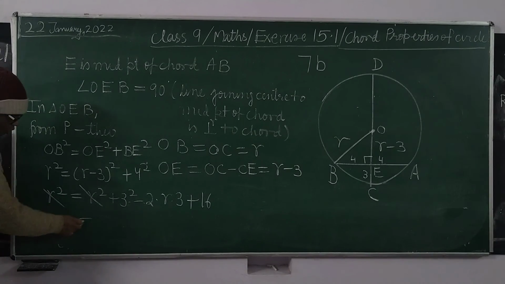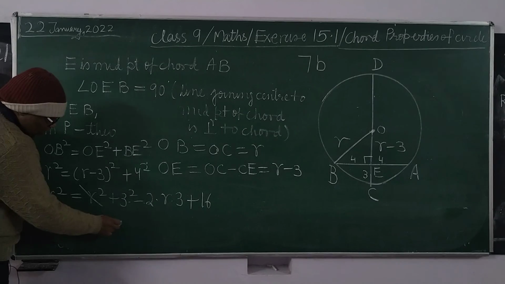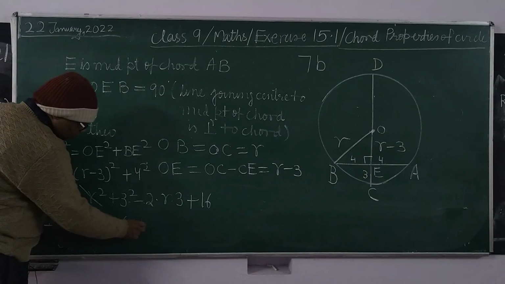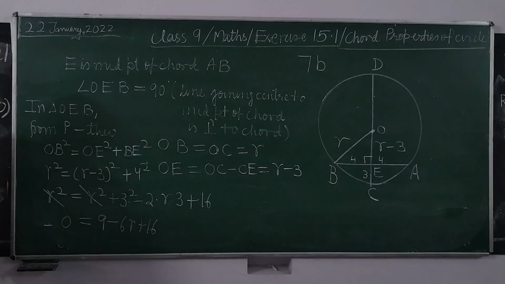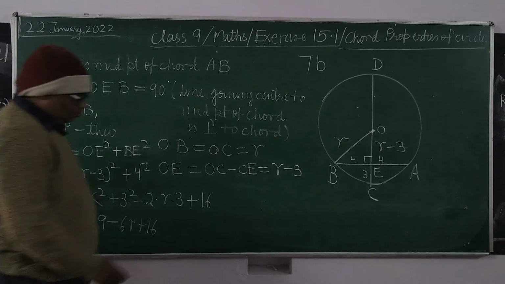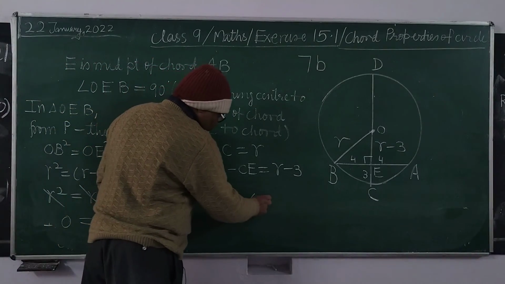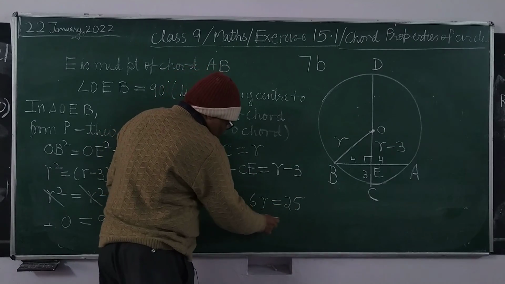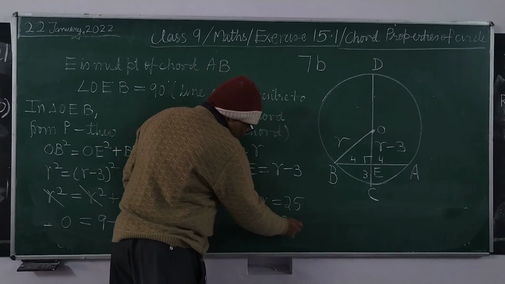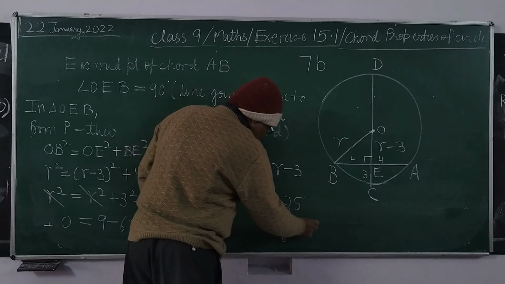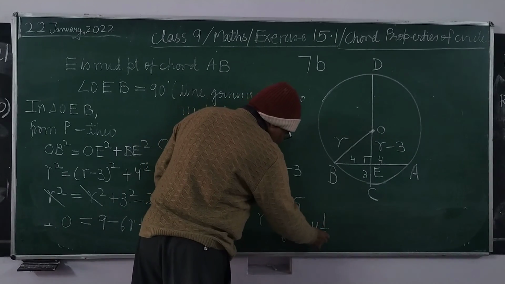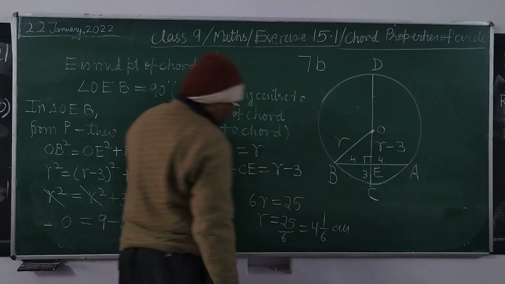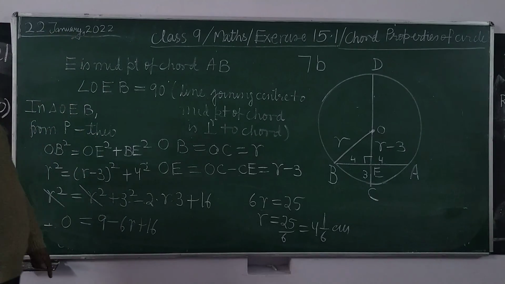This is 0 equals 9 minus 6R plus 16. So what is 6R? 25. Therefore R equals 4 whole 1 upon 6 centimeter. This radius will be equal to this.